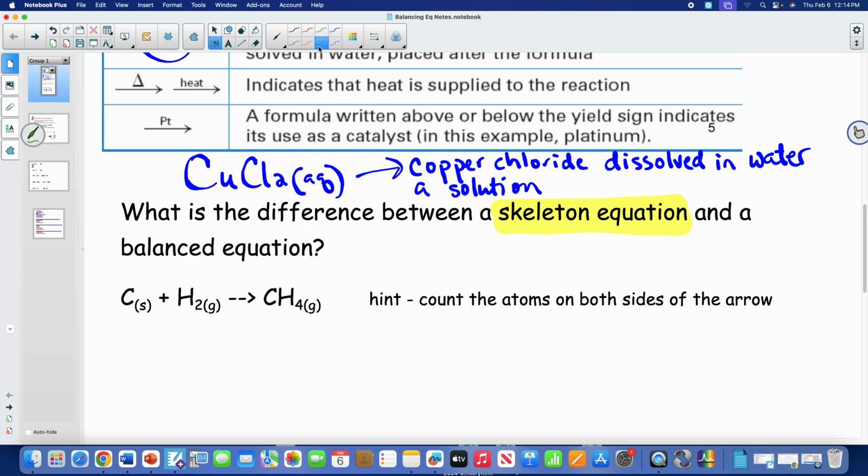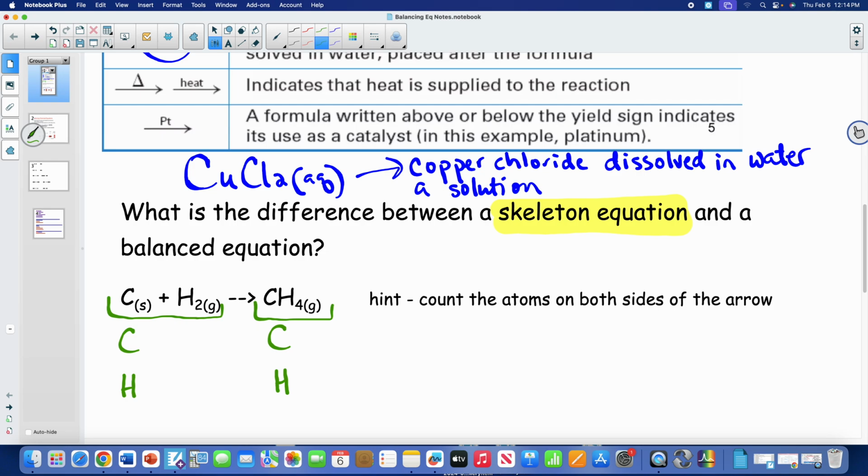Okay, so here's our reactants, here's our products, and on both sides of that arrow we should have some carbon and some hydrogen. Okay, but let's count how many of each we have on both sides. Okay, so how many, that's not copper, silly me, carbon.